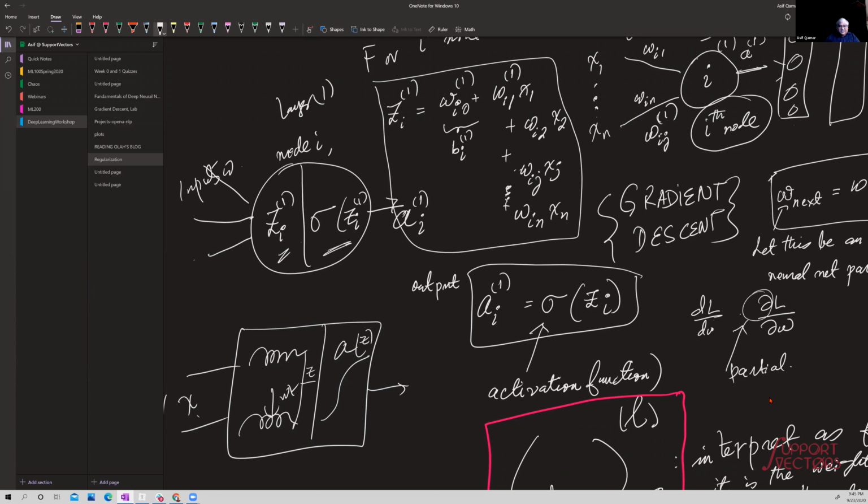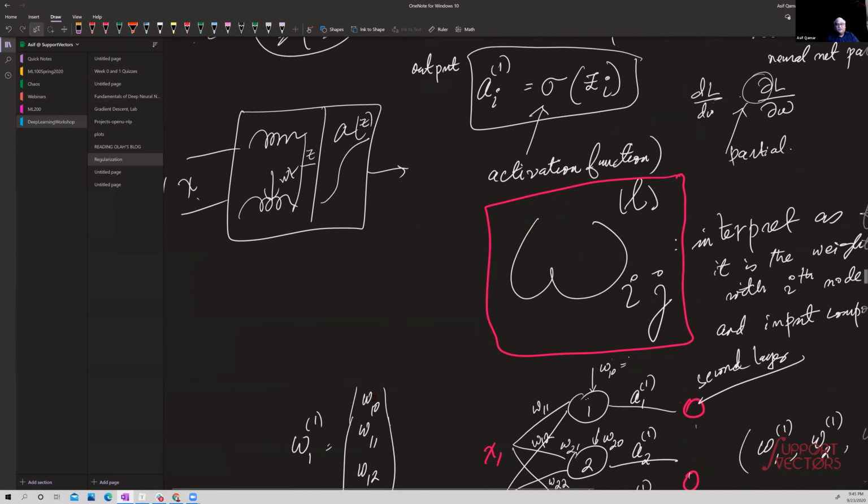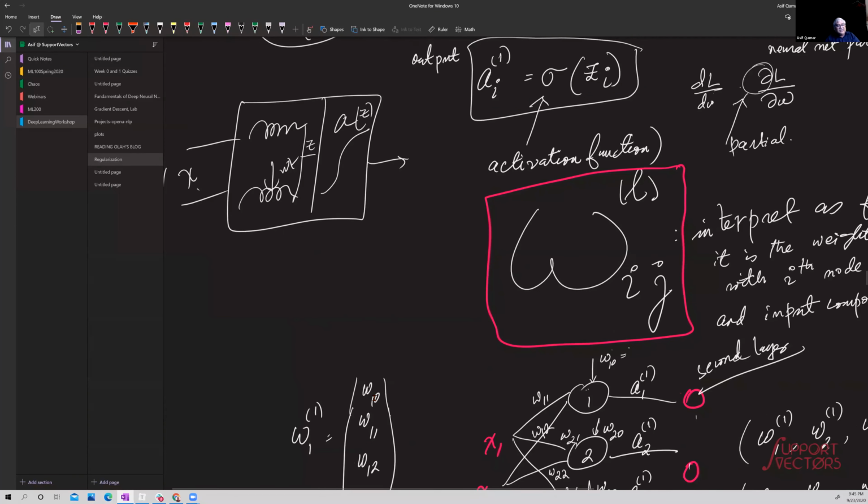Once we have this idea in mind, we look at our neural network and realize, oh goodness, any one weight has certain coordinates. It belongs to a certain layer, it belongs to a certain node in the layer, and it is the weight associated with some input component coming from the previous layer.